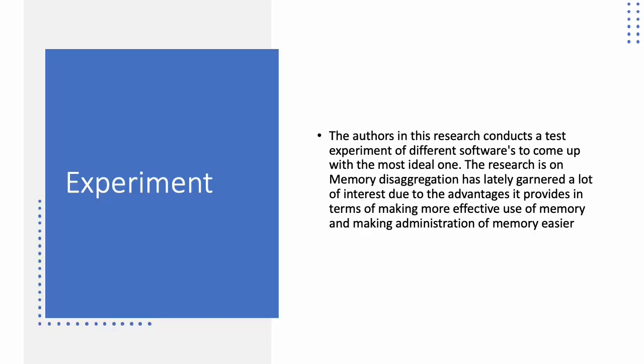Experiment. The authors conducted a test experiment including different software to find which is the best one. This research is mainly on memory disaggregation, and it has a lot of advantages, providing more effective use of the memory and making administration easier by including different types of hardware.